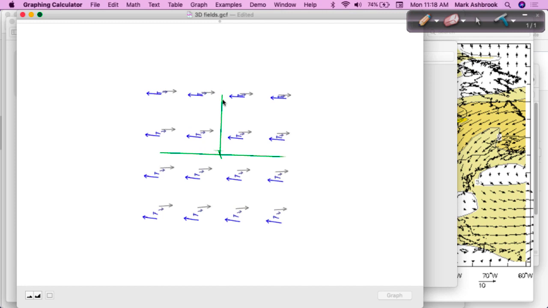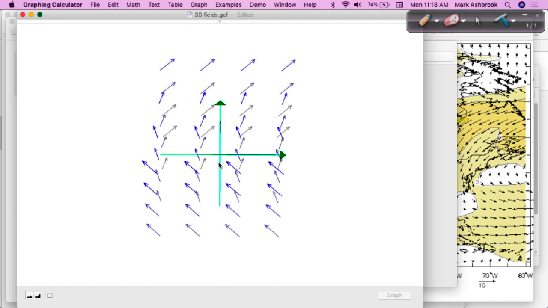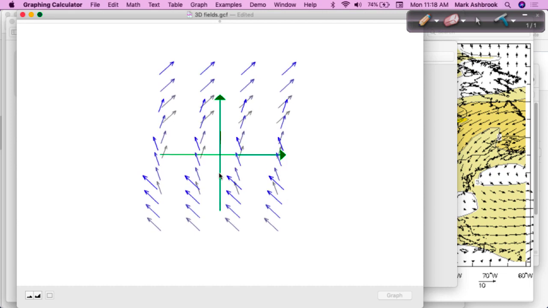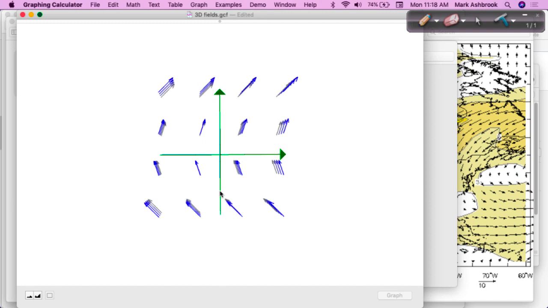So let's try XY plane. There's XY plane.